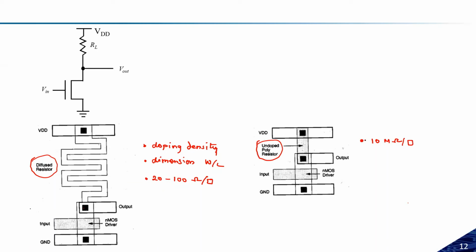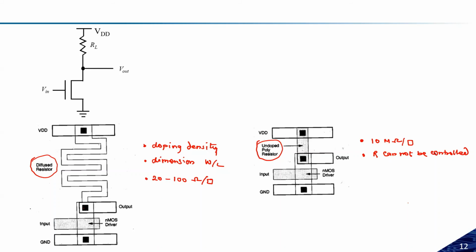But the problem with this one is that the resistance cannot be varied. With the polysilicon, whatever you have is already fixed, so the resistance cannot be controlled. One advantage of the diffused resistance is that based on the length you can decide the value of the resistance.